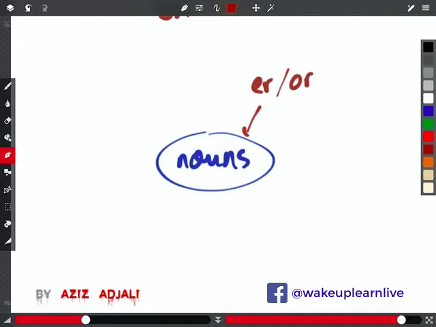Okay. Next we have tion. So if we add the suffix tion to a word, it will become a noun. For example, composition, civilization, communication, conclusion, all of these. We have ment.